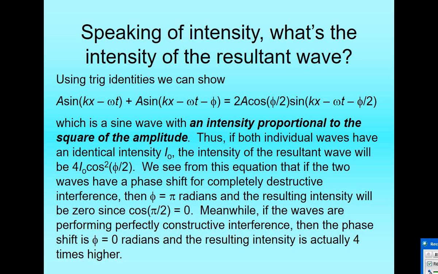I add two waves together, they are interfering constructively, and the combined wave is 4 times brighter, 4 times louder than either of the separate waves. So there's an interesting effect there if you can get this highly tuned information.